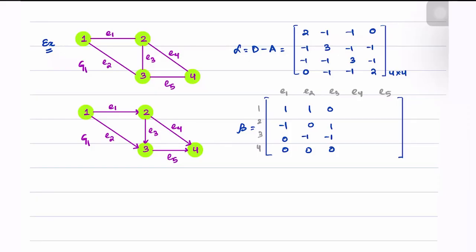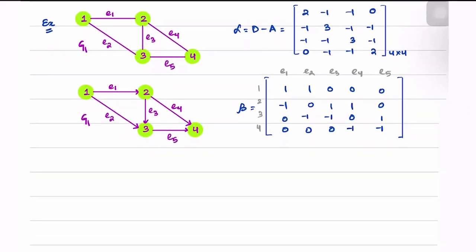E4 goes from 2 to 4. E5 goes from 3 to 4. So this is our incidence matrix. Let us now do the multiplication of B, W, and B transpose.